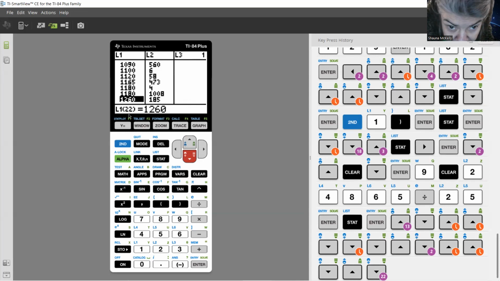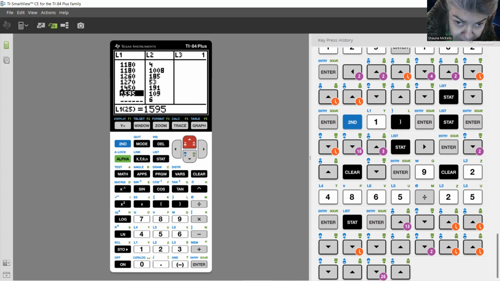As I've been scrolling, you see how there's two 1180s in my list. Now, I'm going to see if there's another number that repeats more than twice. 1260, no. So the only number that repeated was 1180, okay? Doesn't matter how many times it repeats, as long as it repeats more than the rest, okay? So the mode here is 1180.